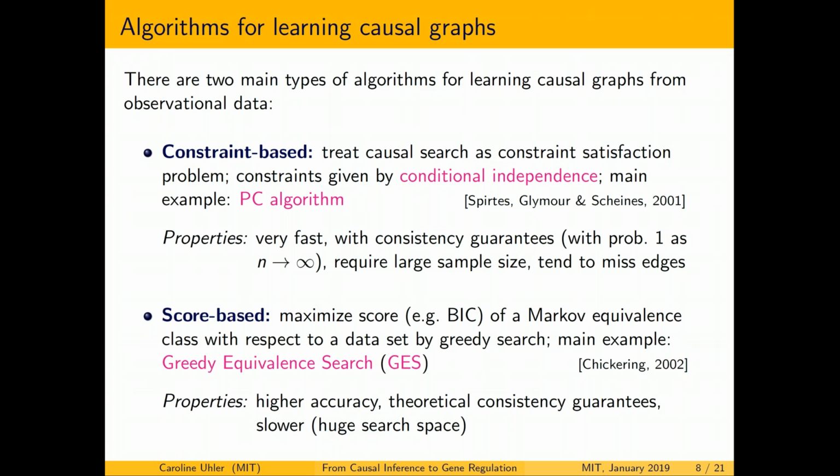But maybe before I get there, there's already something to see, and this is a big open problem. Something that happens a lot in statistics is that you have algorithms, like score-based approaches, that are slower but perform better with a fixed sample size, and other algorithms that are faster but perform worse with a fixed sample size. It is known in statistics that there is always this trade-off between statistical properties and computational properties.